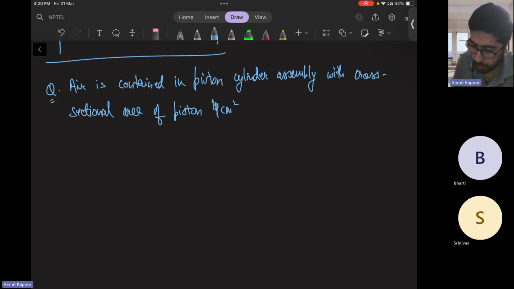Initial volume of air is 20 centimeter cube.